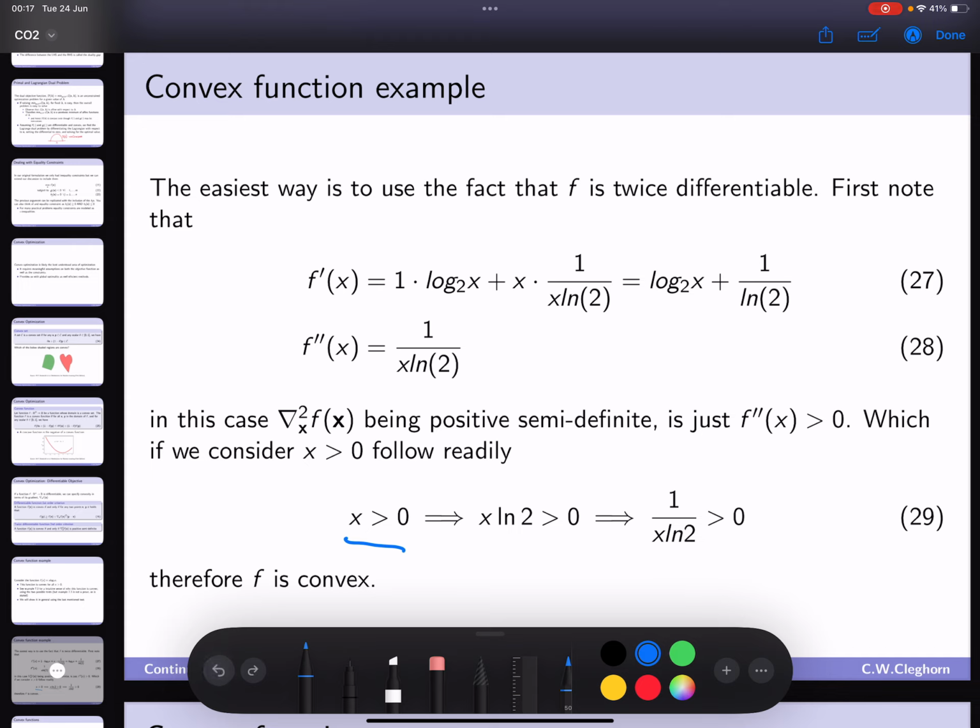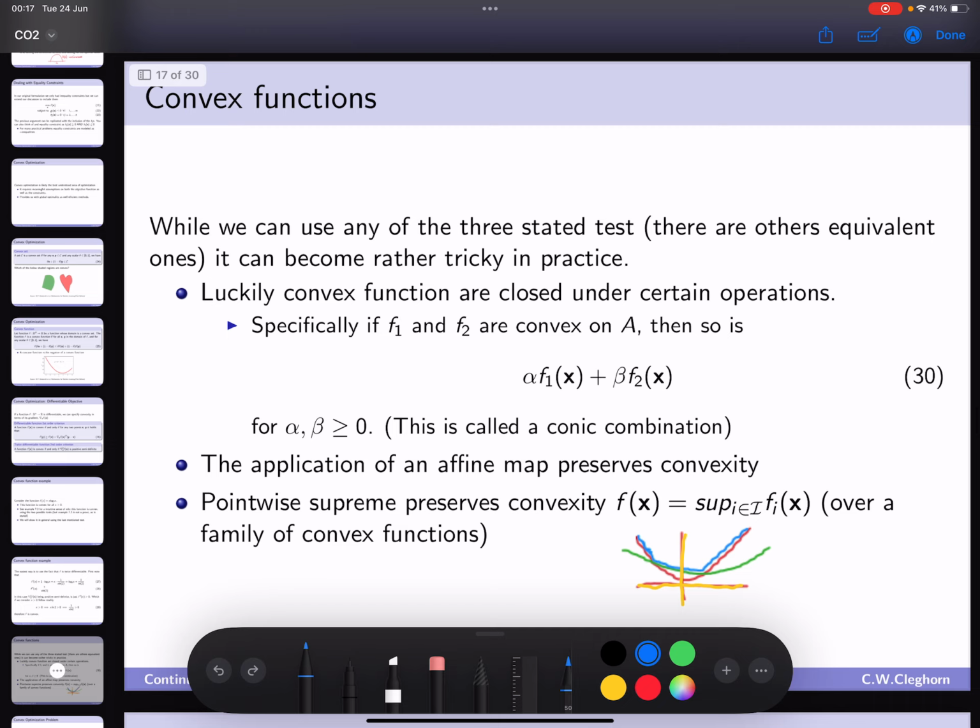Because ln 2 is also positive, which means that 1 over x ln 2 will be greater than 0. Okay, and ultimately that means that the second derivative is greater than 0, and so f is convex by our second test. All right, and so that's kind of the one way to prove convexity.